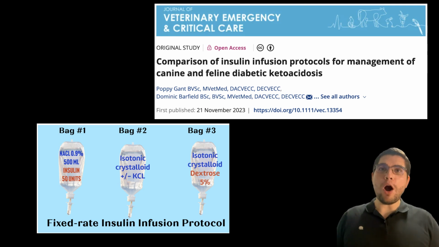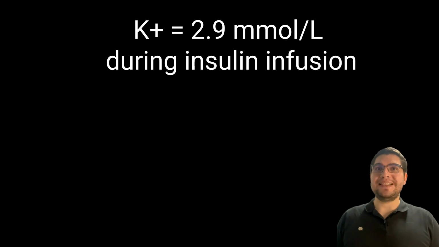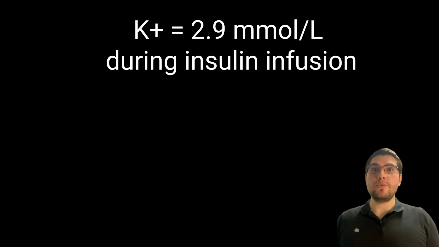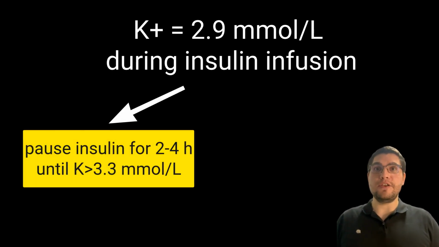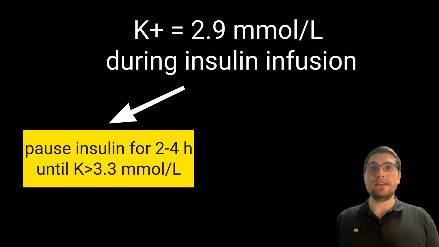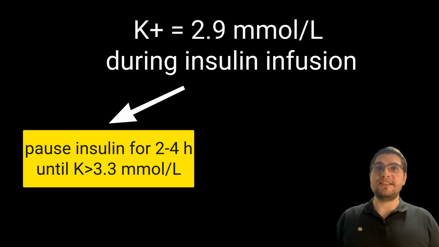But before I walk you through the fixed rate insulin infusion, let's talk about potassium management for a moment. Since this dog's potassium is low at 2.9 millimoles per liter, one option would be to pause the insulin infusion for 2 to 4 hours until potassium reaches a safer range above 3 to 3.3 millimoles per liter.